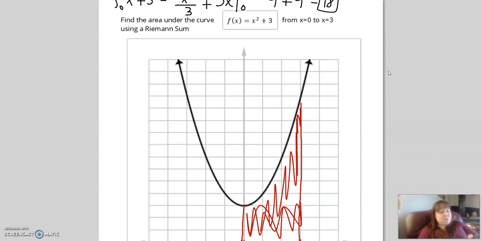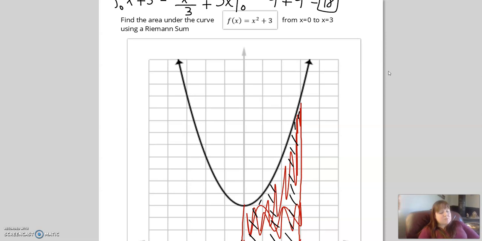If you wanted to, you could actually count these squares and figure out that it is about 18, right? So we've got 1, 2, 3, 4, 5, 6, 7, 8, 9, 10, 11, 12, 13, 14, 15, 16. And then this one and that one make 17, and that one makes 18. So you really do have about 18 squares under the curve, right? And so you could do things like that.